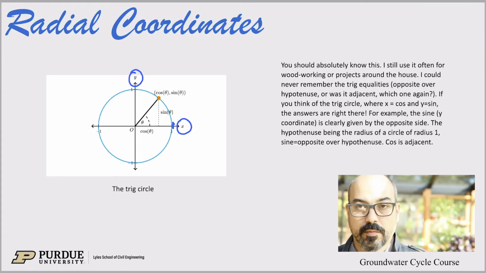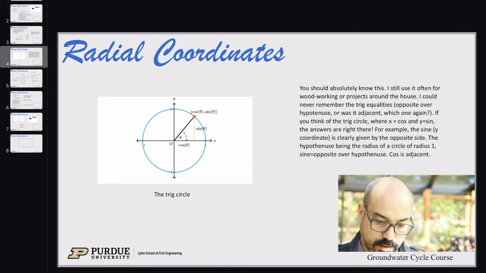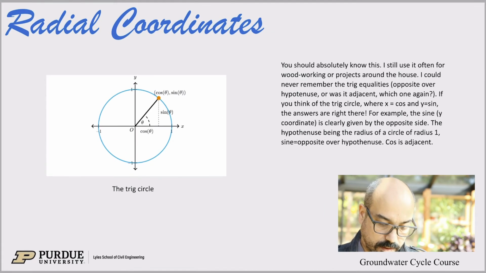So if you remember that the cosine is on the x and the sine is on the y, then you'll be able to find all these trigonometric identities. Right, this is your cosine, and then the sine is right here. Okay, so the sine is on the y-axis, the cosine is given by the x-axis.